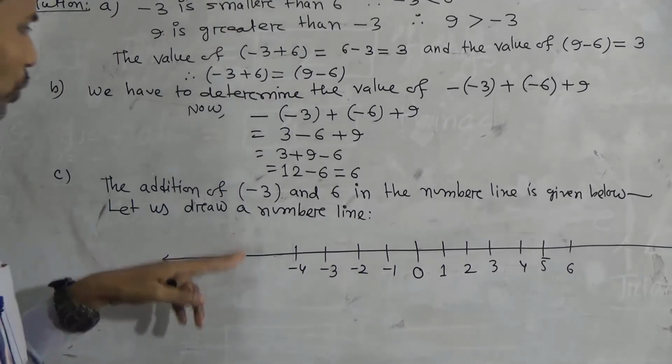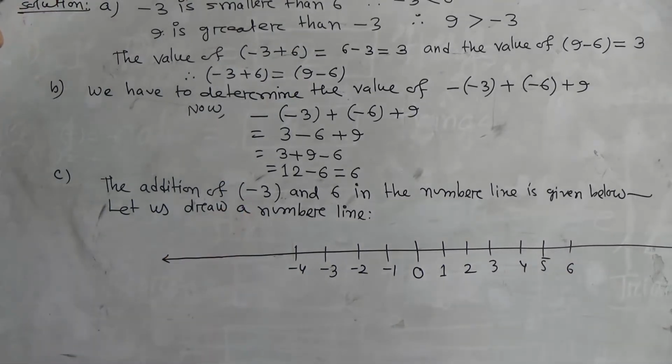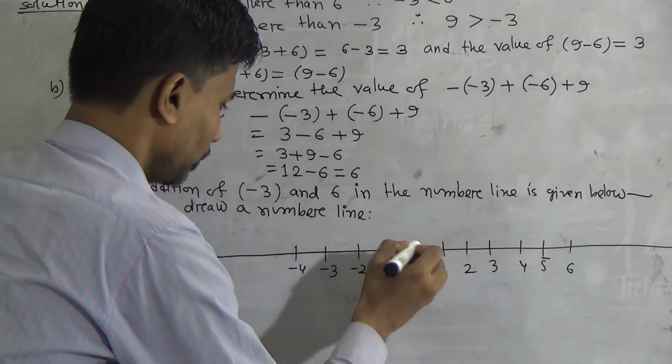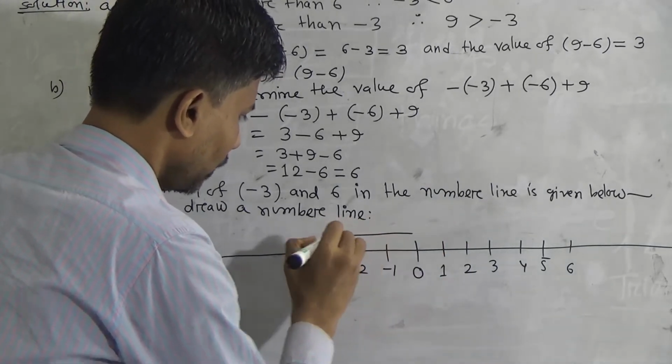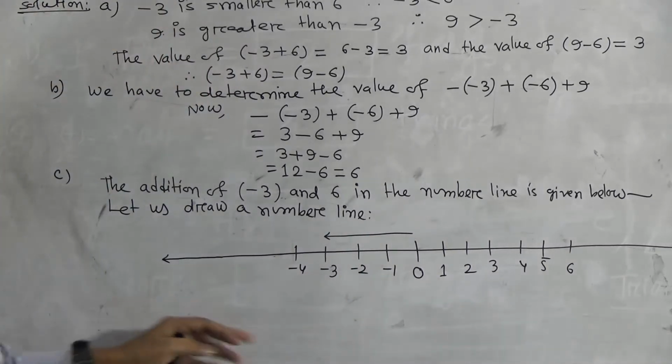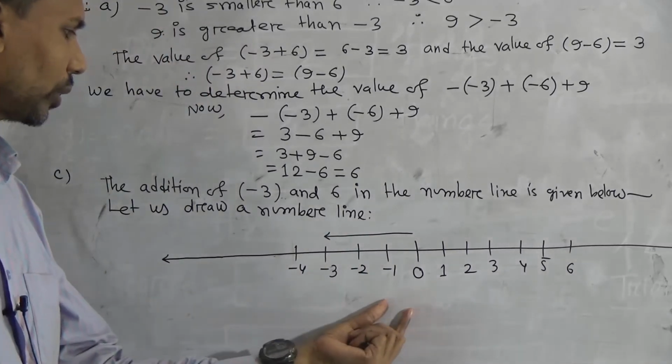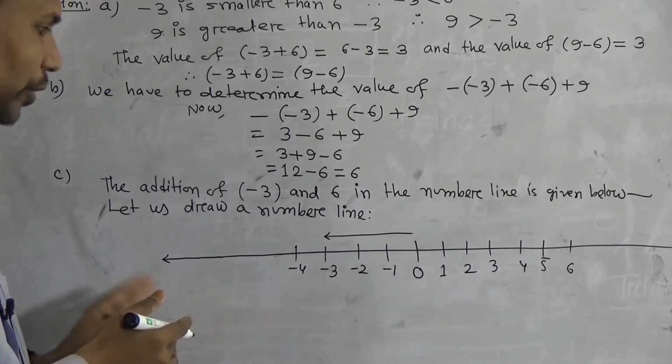Look, at first we have to move minus 3. Where is the minus 3? Look, this is the minus 3. Okay, 0 to 3 steps left, then we get minus 3.